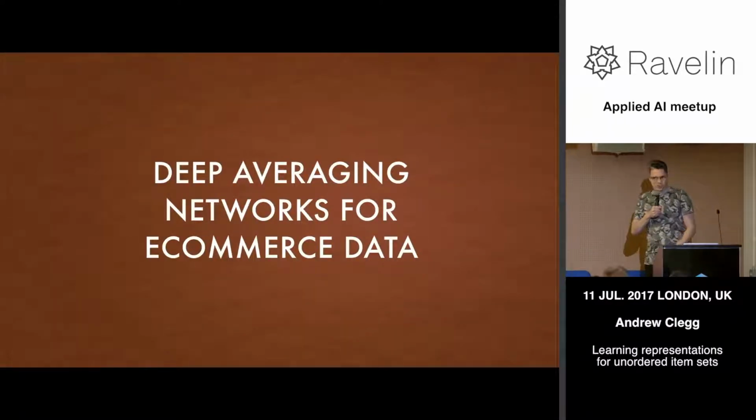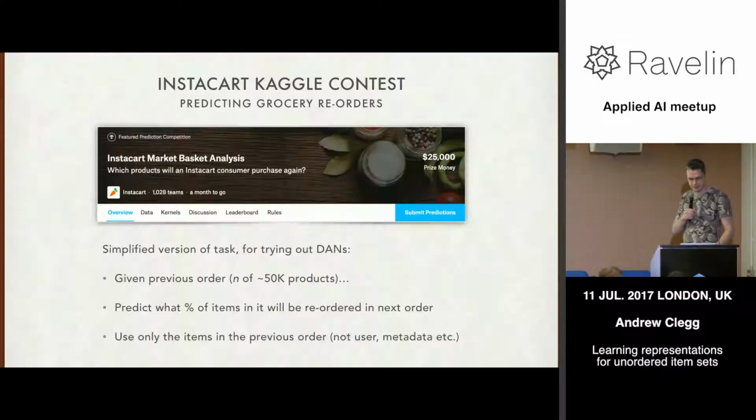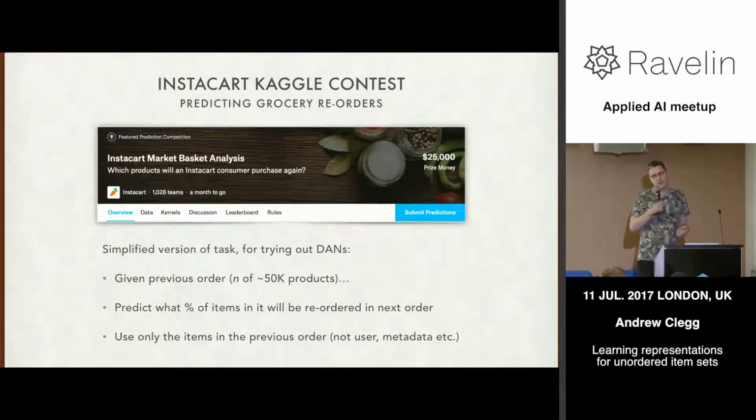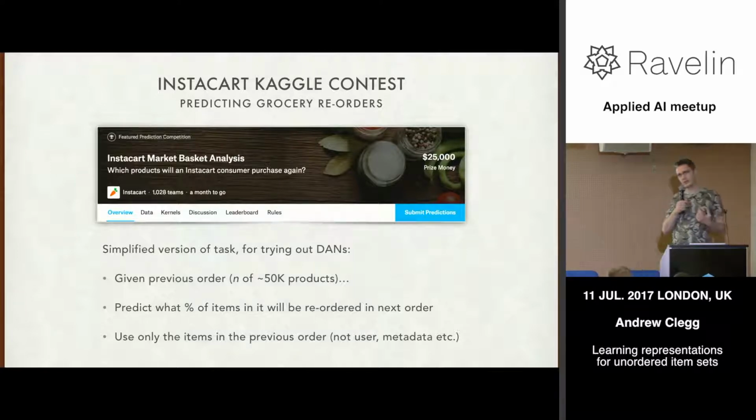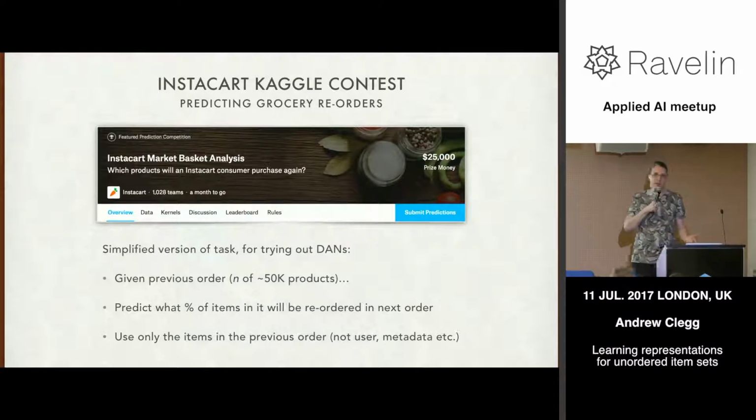So, moving on to that, I wanted to see if we could use this in something that resembled a recommendation task. So I did some really short, sketchy experiments to see this. There's a Kaggle contest going on at the moment about predicting reorders on Instacart data. Instacart are a bit like Ocado or something like that in the States. And so I boiled this down to a slightly simpler prediction task than the one in the contest.